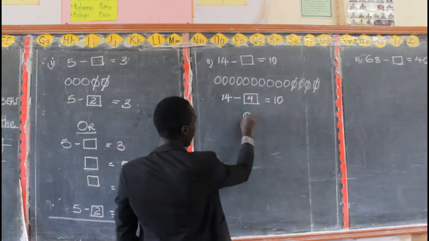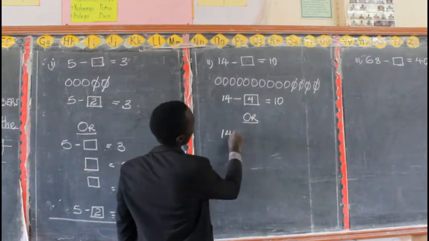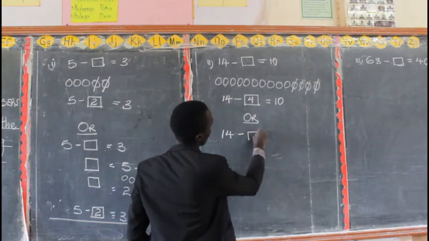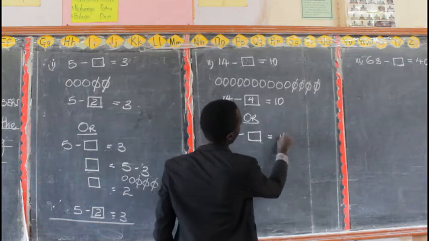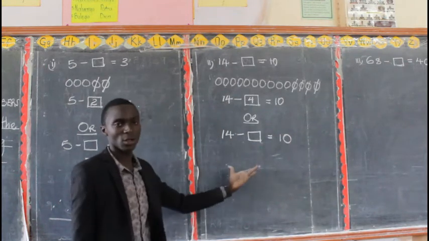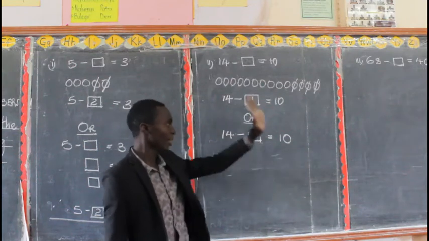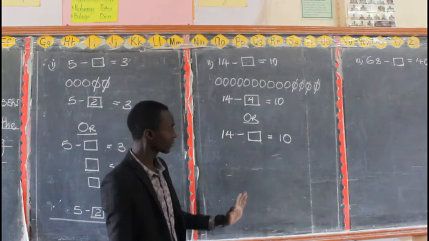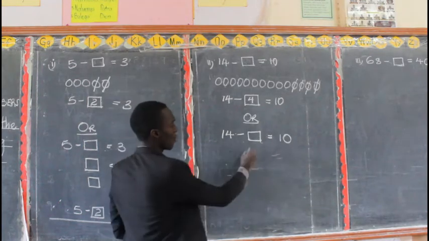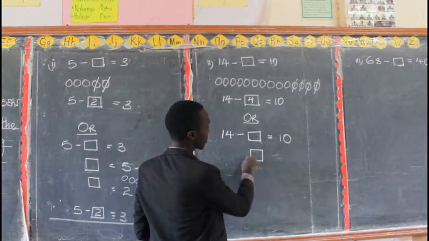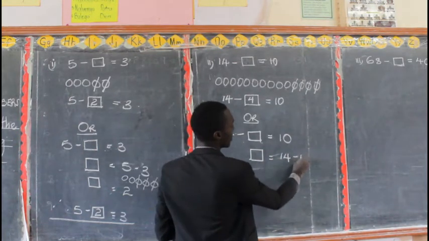Or else I can give you another way by saying, 14 minus a box is equal to 10. You can change this one, you take this side. After taking it, you will get 14 minus 10. You do it as direct 14 minus 10.